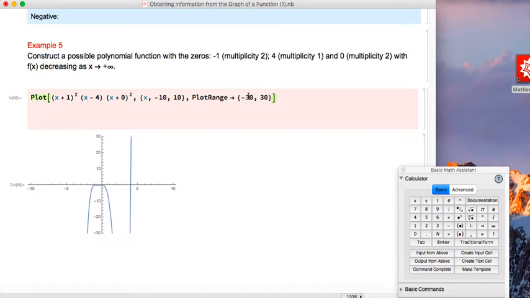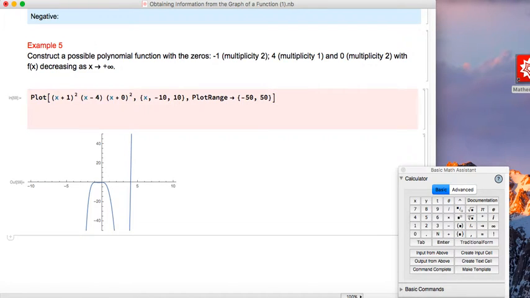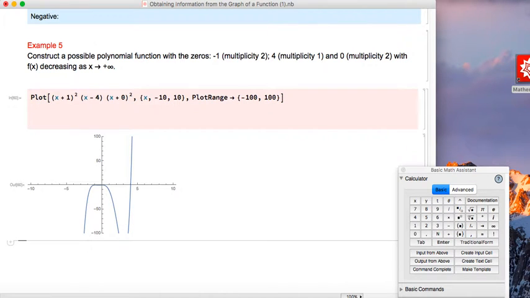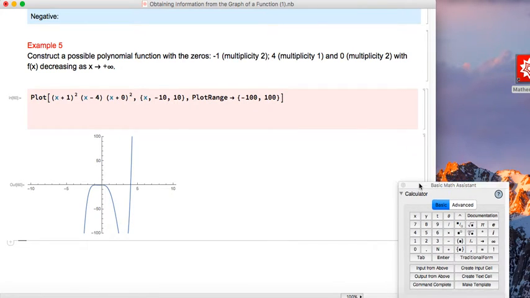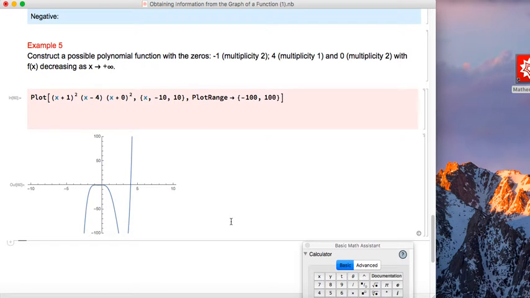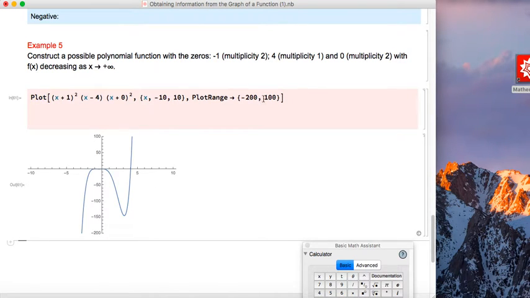Maybe we need more, -50, 100. We still did not see. Maybe more. Better, so it's 200, 200.